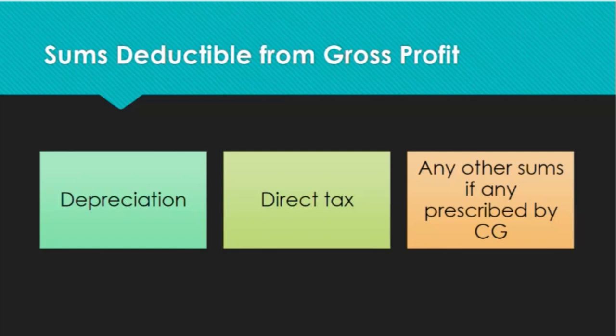While taking depreciation into consideration, only current year depreciation will be reduced. Arrears of depreciation that are getting carried forward in our financial records will not be reduced. Ellame current year odu. Okay, so current year's gross profit minus current year depreciation minus current year direct tax minus any other sum prescribed by the central government will give us the allocatable surplus.